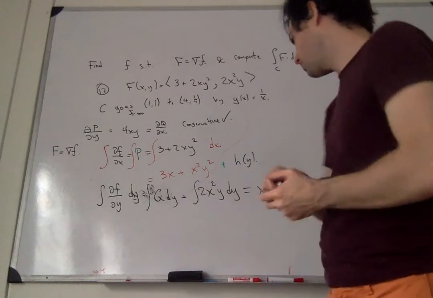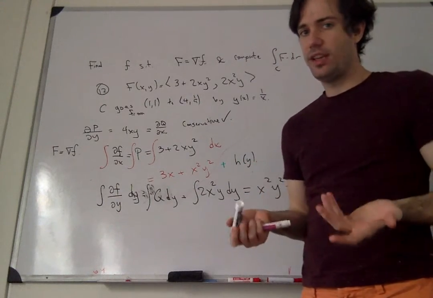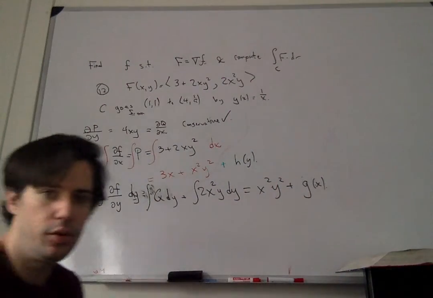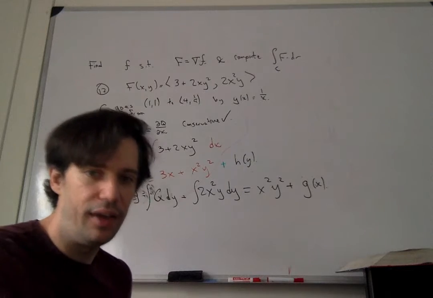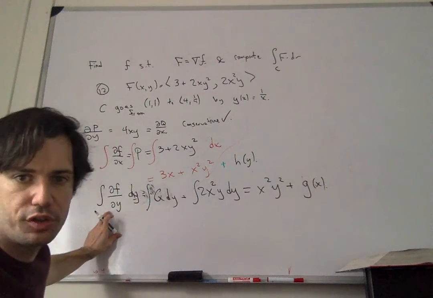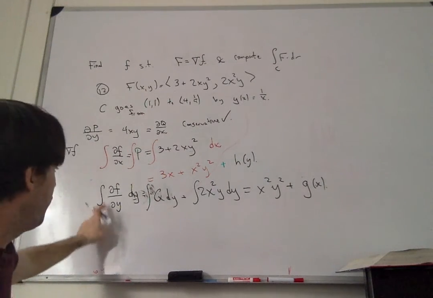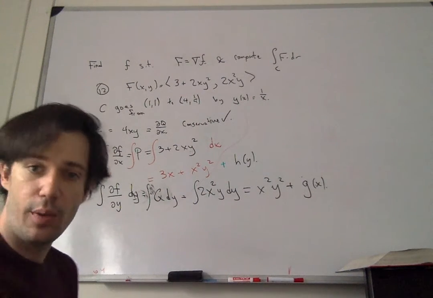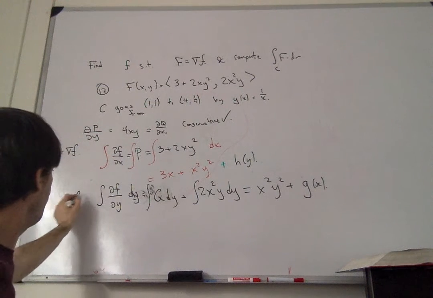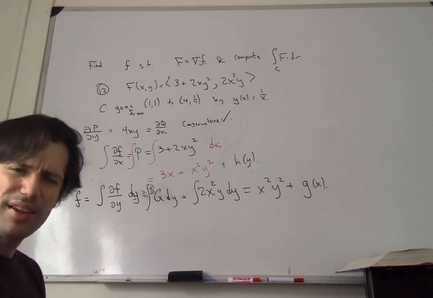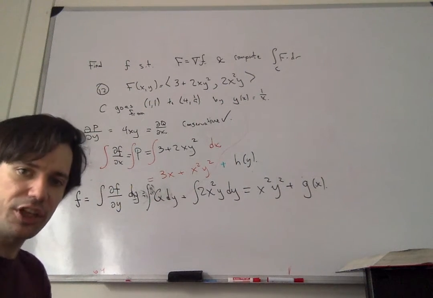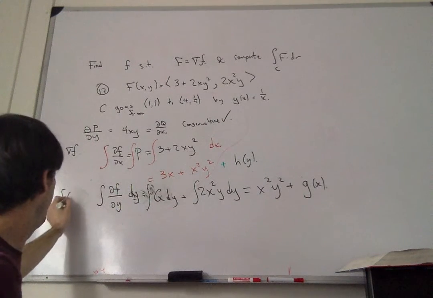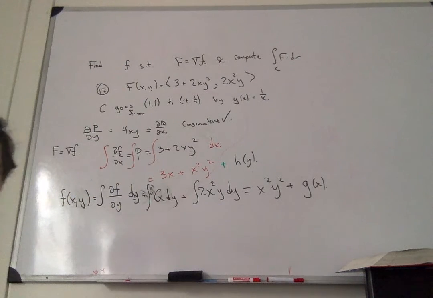So you want to ask, where the heck did these h of y's and g of x's come from? So remember that I'm trying to get rid of the partial derivative, right? So if I have del f by del y, why am I integrating with respect to y? Well, I want to get f. So this whole thing I'm claiming is f. But it's not just f, it's f which is a function of x and y. So I could write it like this, f of x y, right, like that.